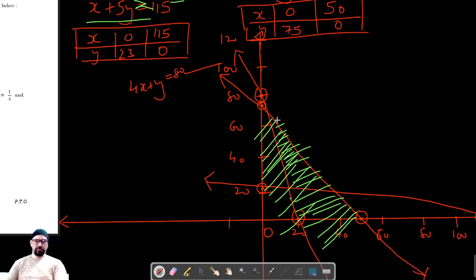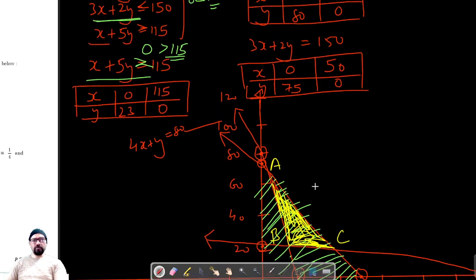And finally, our corner points will lie in this region. So this is R, and our corner points are A, B, and C. So let's try to get the corner points.